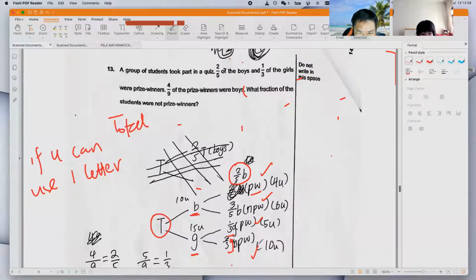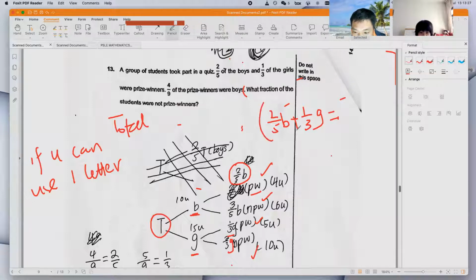4/9 of the prize winners were boys. So what this question wants to tell us is 4/9 of the prize winner. So basically it's 2/5 boy plus 1/3 girl is equal to the prize winner.